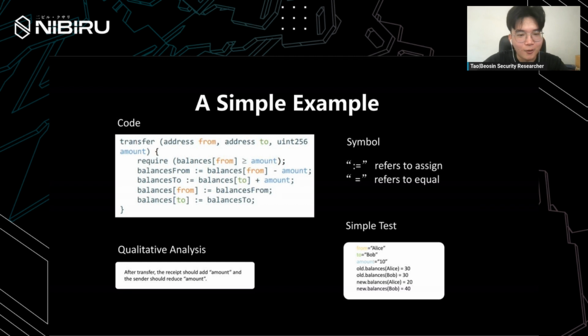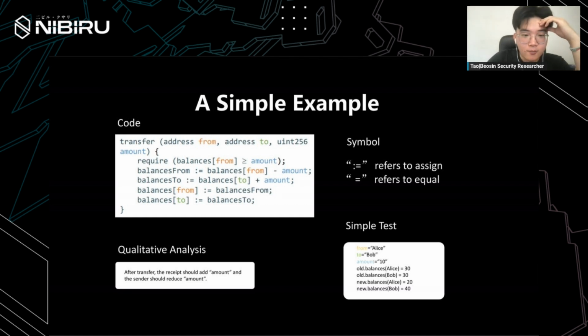So let's look at this simple example. It's a transfer function, and let's see if the transfer function has security issues or not. Here are the symbols: the colon equal refers to assignment, and the equal sign refers to equality. So we can read this code.